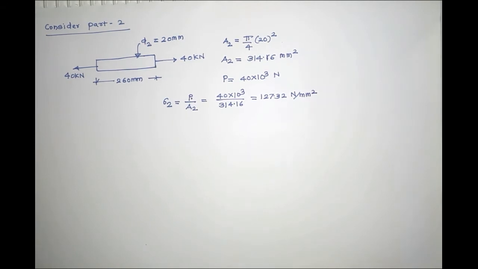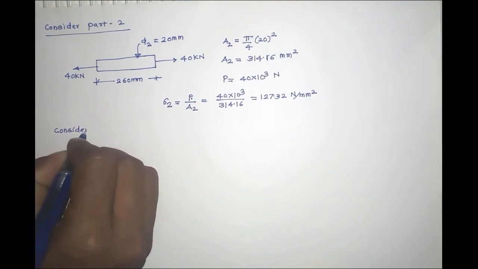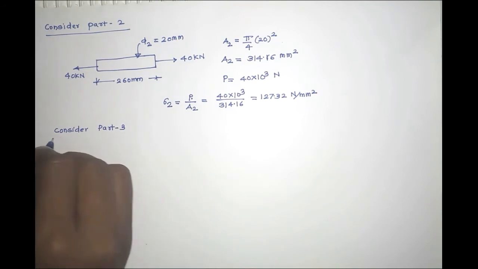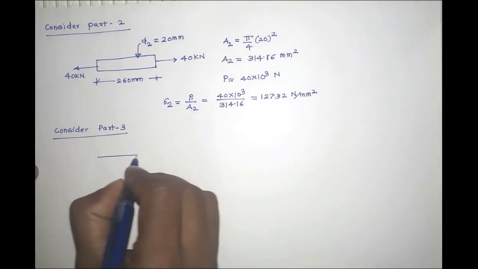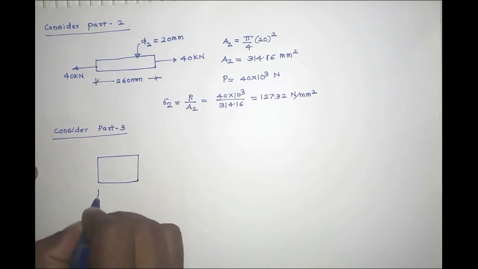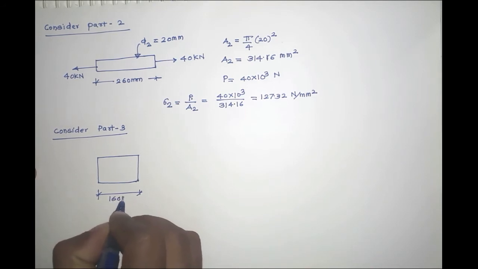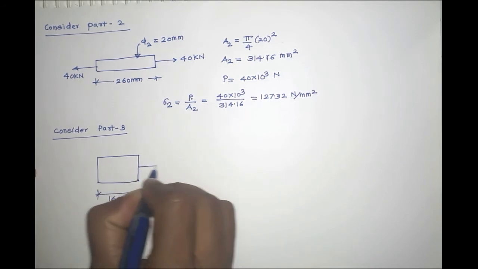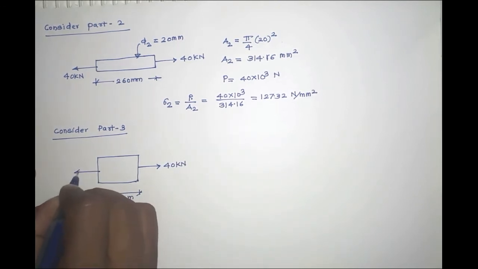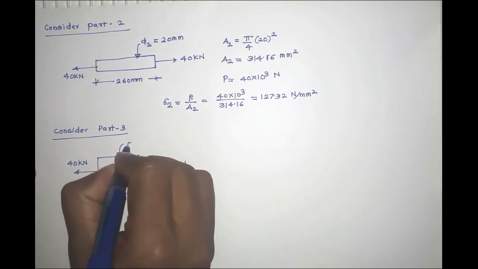Similarly, we'll calculate for the third part. Part 3 has a diameter of 32.5 millimeter and a length of 160 millimeter. The force is again 40 kilonewton on this side and 40 kilonewton on the left hand side.